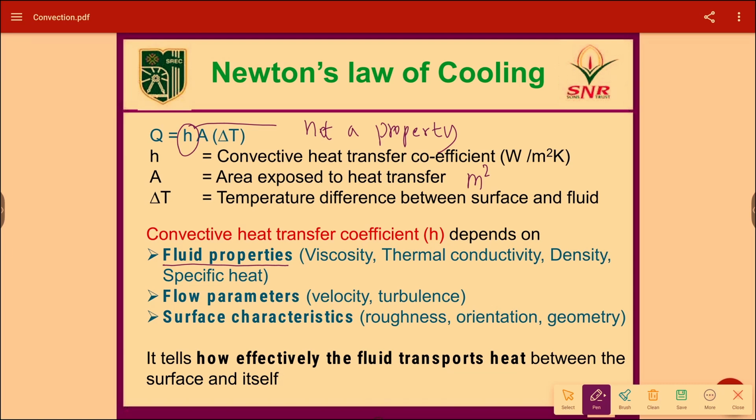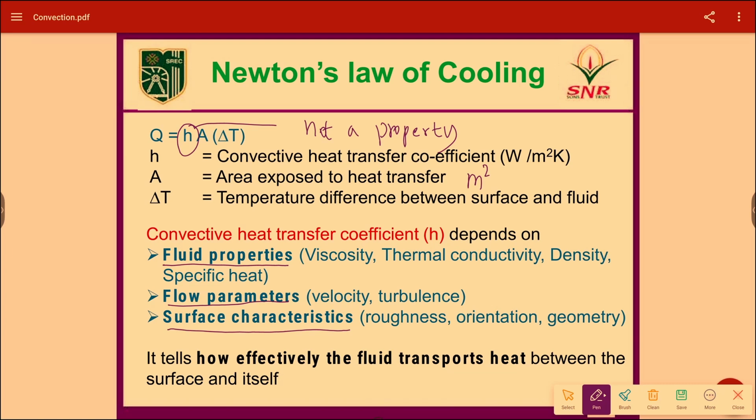The next is the flow parameters. How the flow happens, whether the flow is laminar or turbulent. We will discuss laminar and turbulent afterwards, but as of now you can see the flow parameters also have a major role in the convective heat transfer coefficient. Next is the surface characteristics. Whether the surface is rough or smooth, and what is the orientation of the surface.